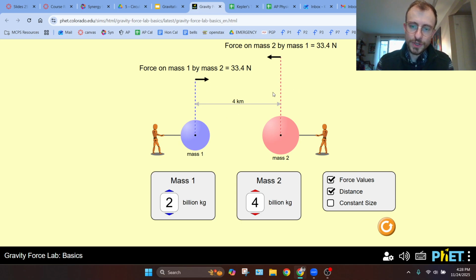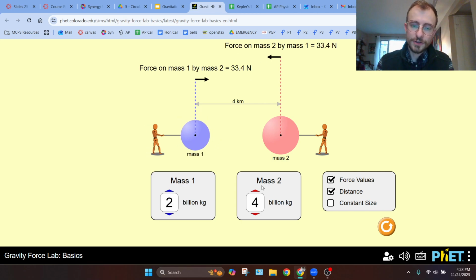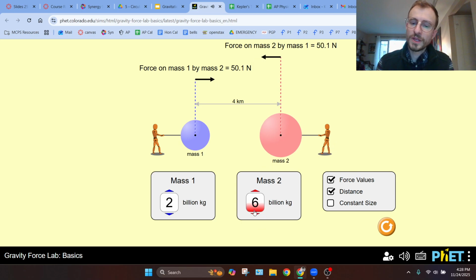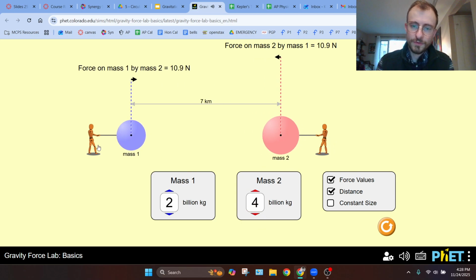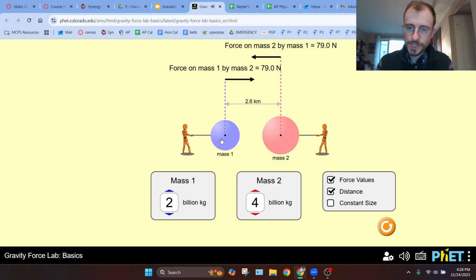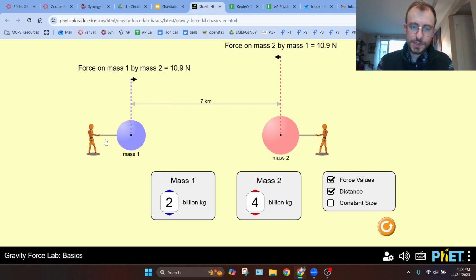So what do we think is going to affect the force? Well, if I increase this number, the force is getting bigger. If I increase this mass, it also gets bigger. You can see the number has jumped up to 80 or whatever. And if I bring them further apart, it gets smaller, which is probably what we predict, because if things are farther away, the attraction is weaker. If it's closer, the attraction is more, and you can see that force changing.